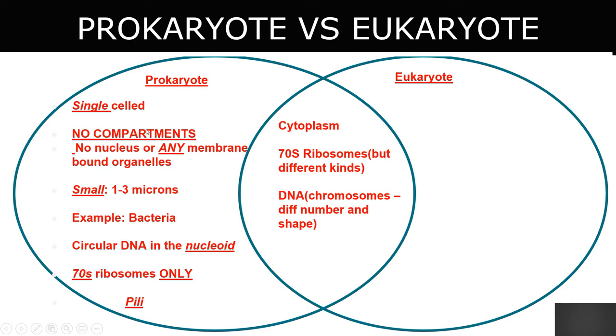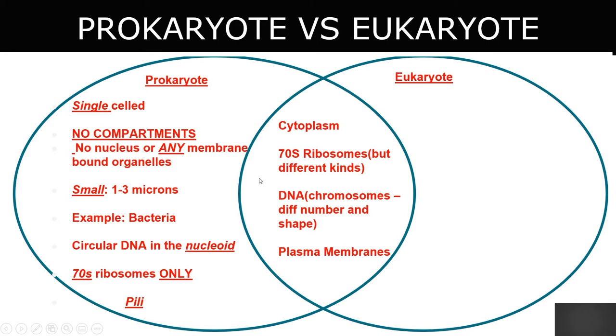Both also contain DNA stored in chromosomes, but remember the prokaryotes have that single circular DNA, where the eukaryotes have multiple linear. And both at least have a plasma membrane.